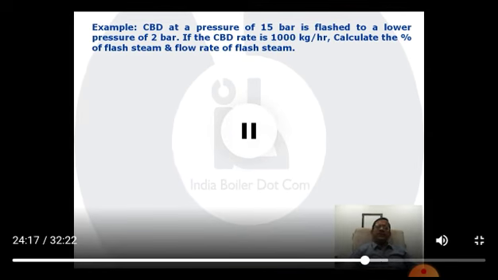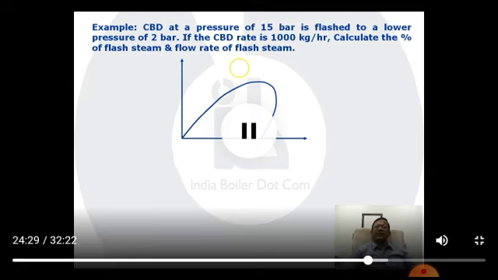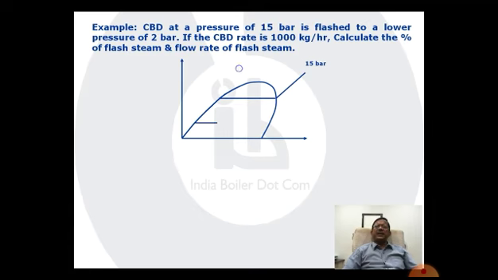In fact, I would suggest that whenever you have a problem with properties of steam, it is not a bad idea to draw the temperature enthalpy diagram and build the concept on that. Let us draw approximately the pressure line of 15 bar here and the lower pressure line of 2 bar here. Now condensate at 15 bar will be at this location, which is the saturated water.